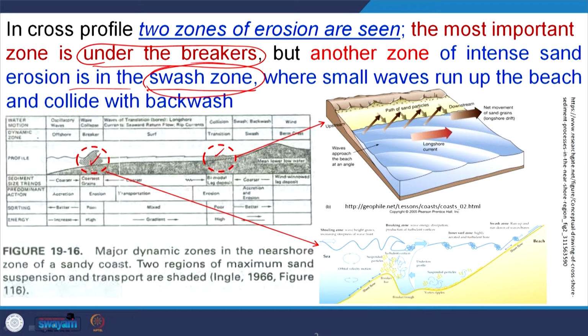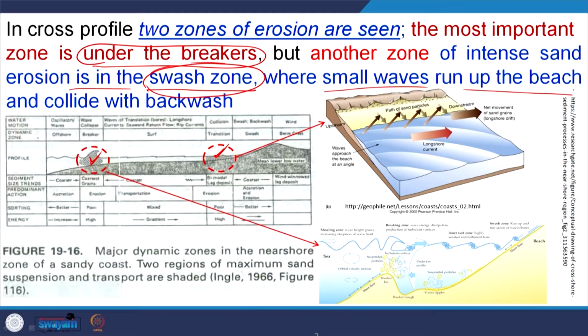These two zones produce more sand, and there will be sand movement towards the coast, where the small waves run off the beach and collide with the backwash. Swash, or forewash, is the wave moving towards the coast, and when it comes down, that is called backwash.